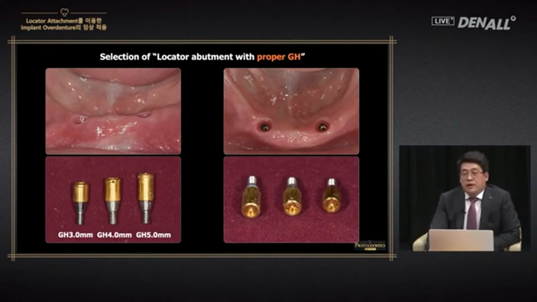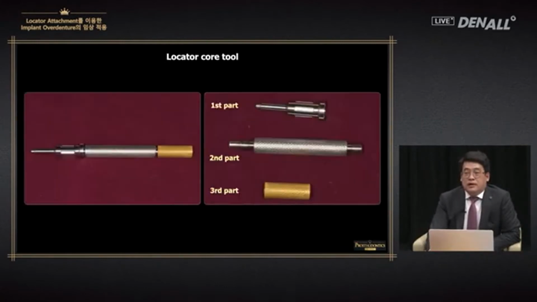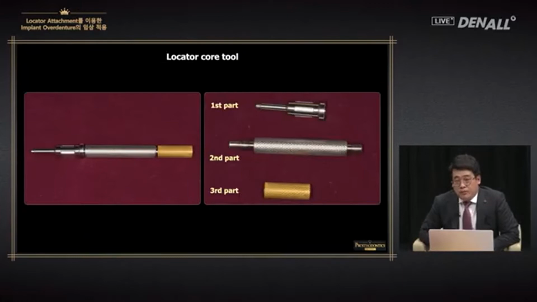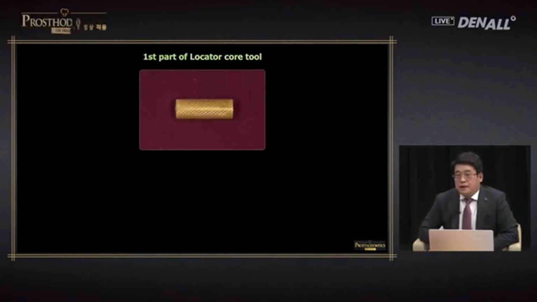You can use the locator core tool to attach the locator attachment to the implant body. When you buy the locator core tool, it comes in one piece. If you unscrew it, you can see that it is divided into 3 pieces. The first part is used to connect the locator attachment to the implant.